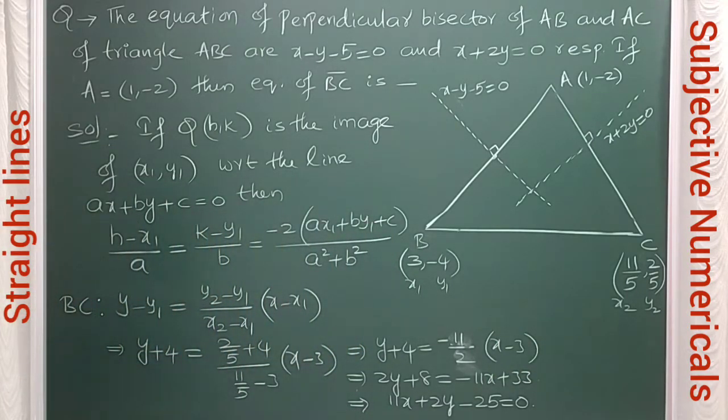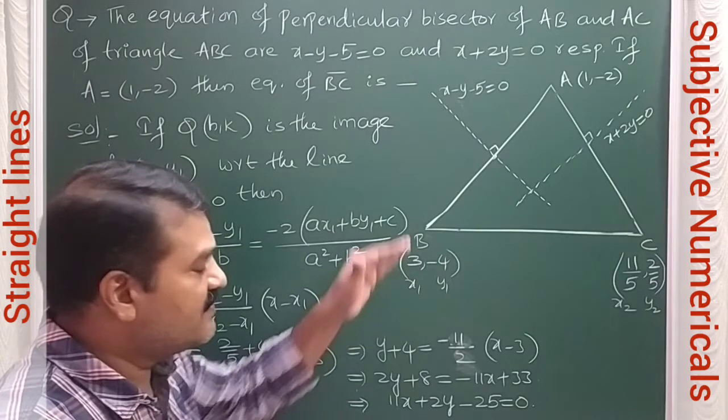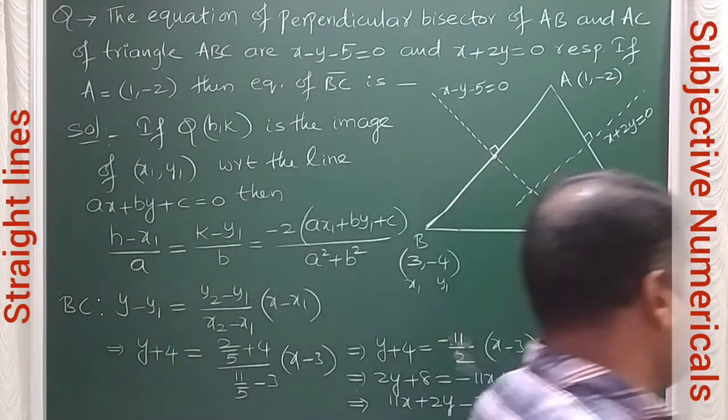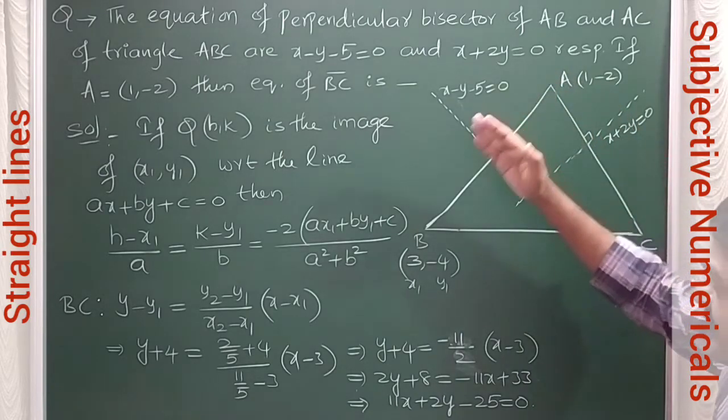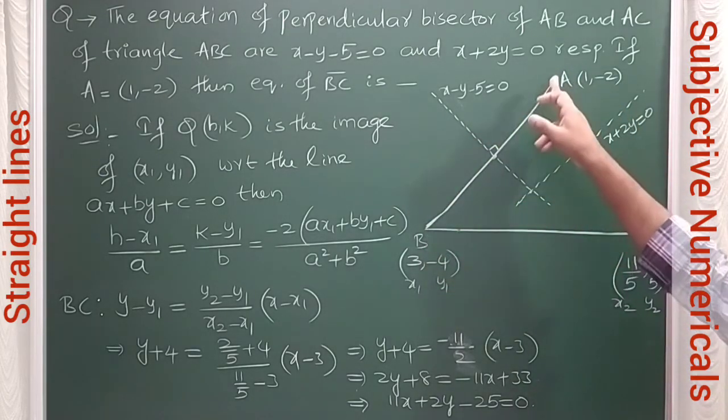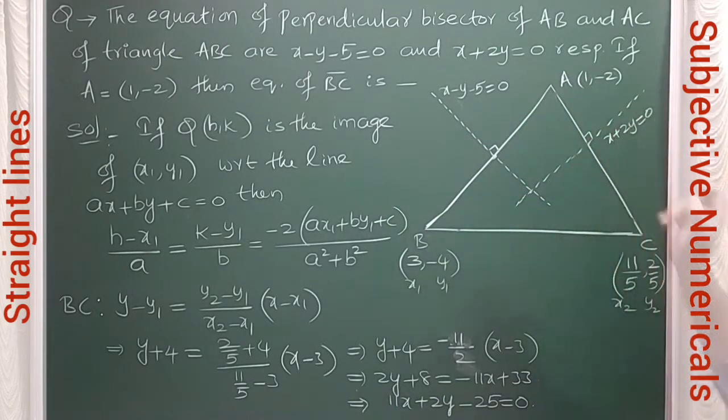So this is the required equation of the line BC. We have determined the image of A with respect to this line, which is B, and the image of A with respect to this line, which is C. Once we got these 2 points, we determined the equation of BC. Okay.